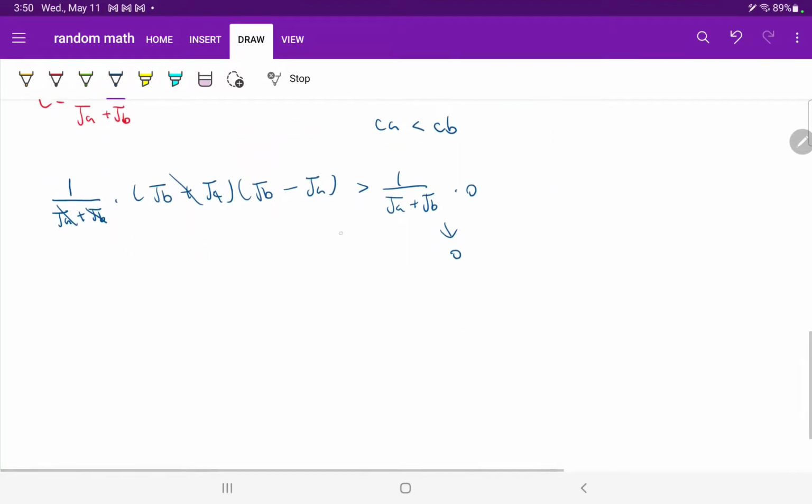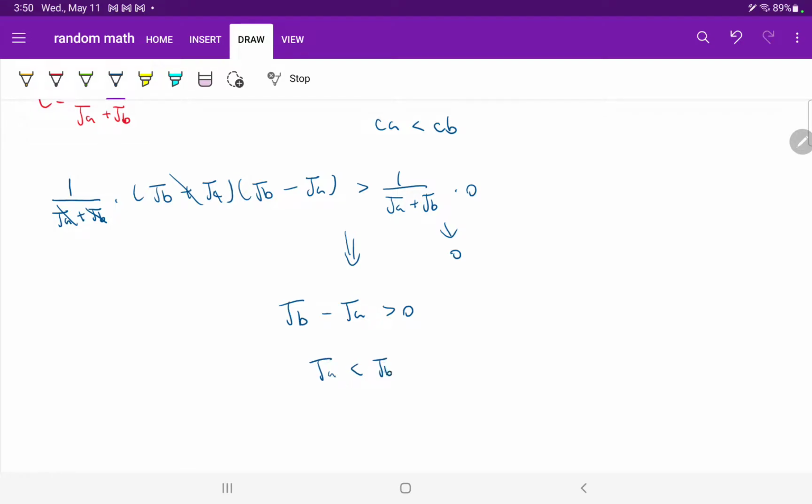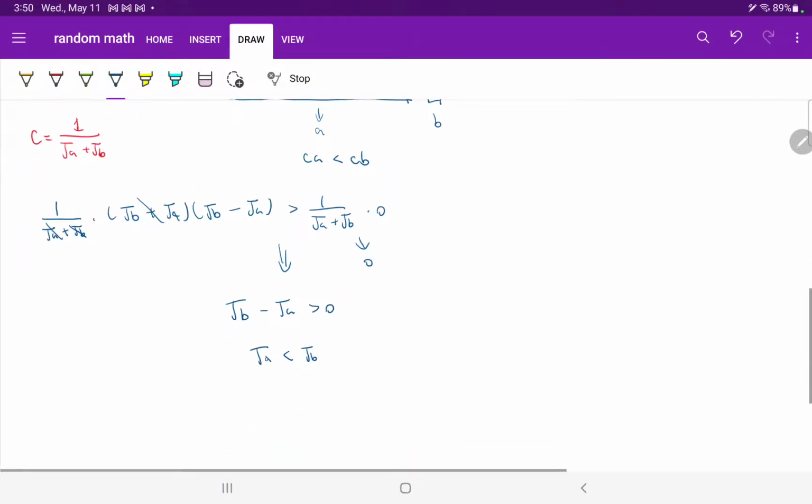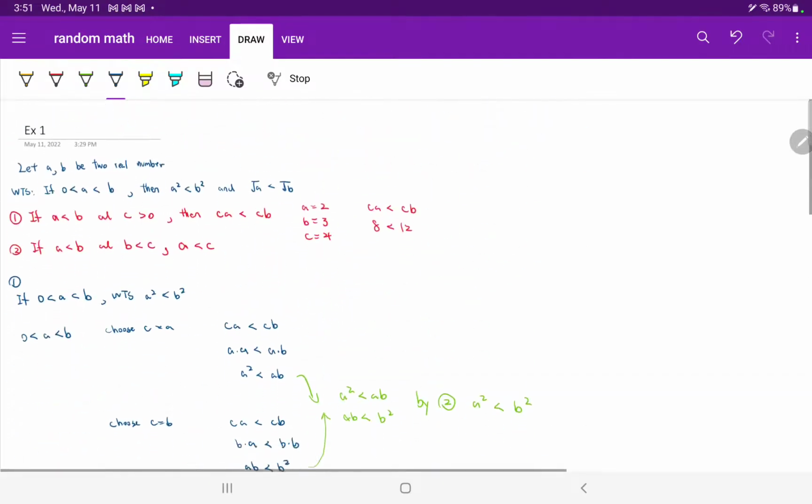So this then ultimately becomes square root of b minus square root of a is bigger than 0, which indicates that square root of a is smaller than square root of b. And that will be our completion for this proof, by using simple manipulations of inequalities and properties of numbers. So that will be our proof for this question.